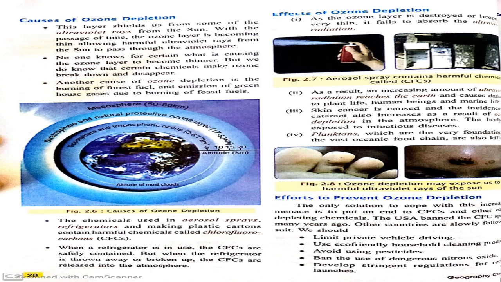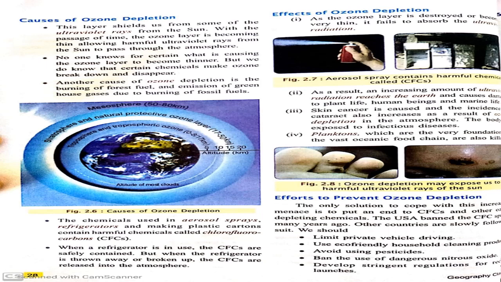CFCs, that is chlorofluorocarbons, have to be put to an end. The USA has already banned it many years ago, and some of the other chemicals also need to be stopped. Along with that, we should limit the use of private vehicles. Then eco-friendly household cleaning products should be used.